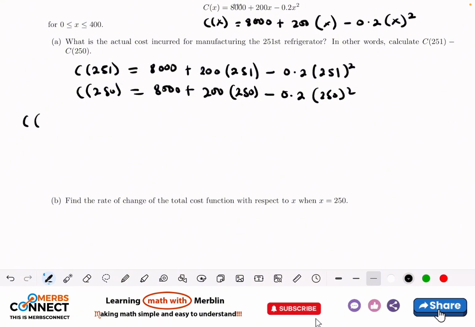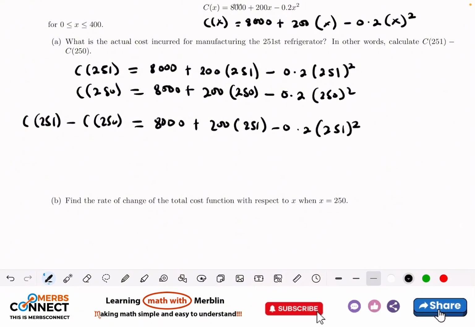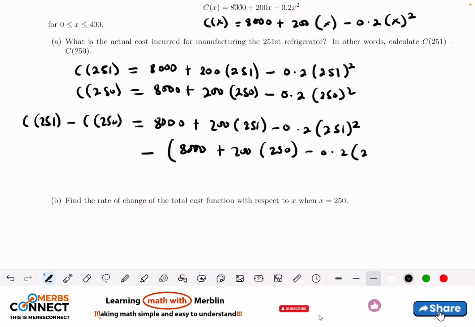C of 251 minus C of 250 will be equal to 8,000 plus 200 times 251 minus 0.2 times 251 squared, minus, and then I'll put it into parentheses, 8,000 plus 200 times 250 minus 0.2 times 250 squared.